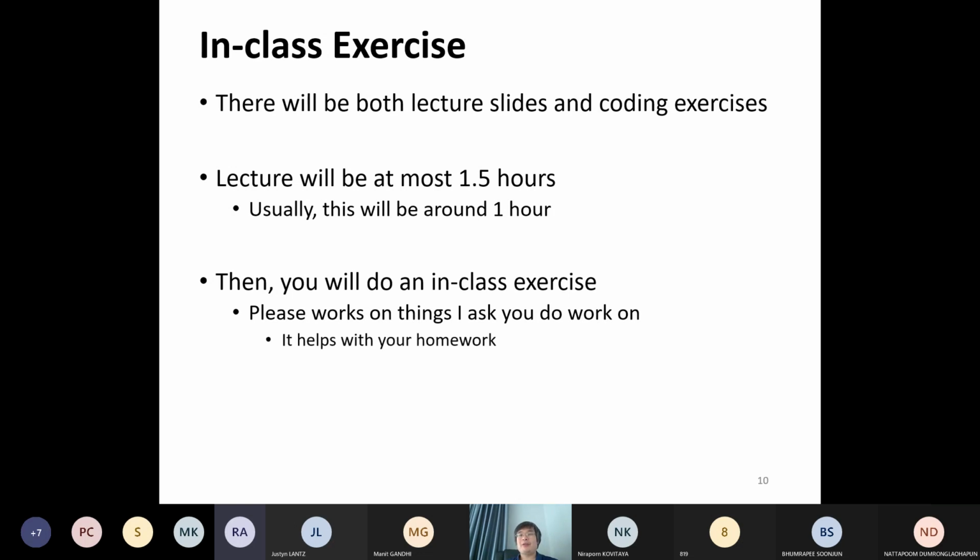It actually helps with homework. It helps a lot. The reason why I say that is this: every single semester, people who actually got an A, like 100 after curve or more, are those who actually did the in-class exercise. And they asked questions about what they ran into, and it helps with their homework, right?